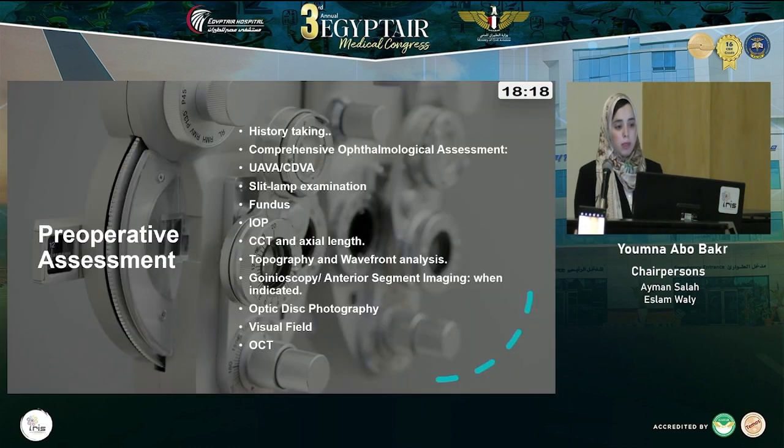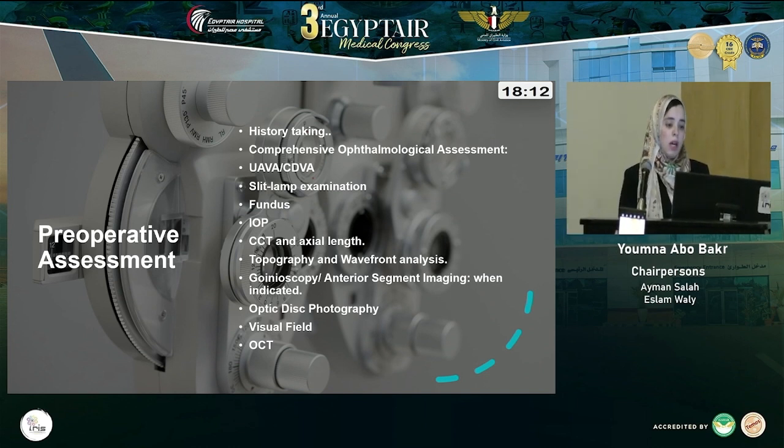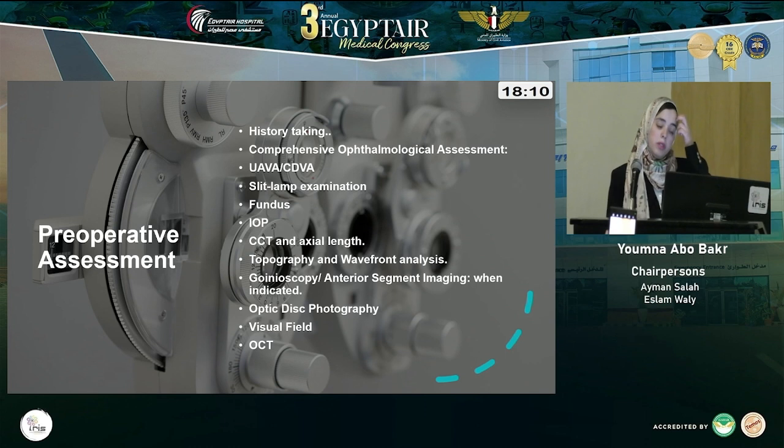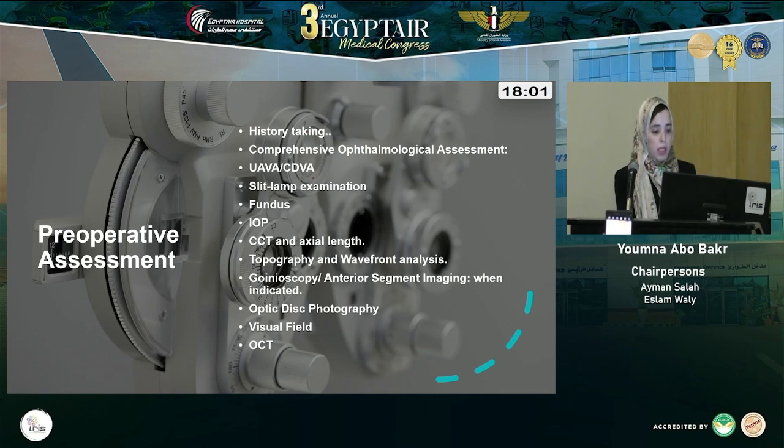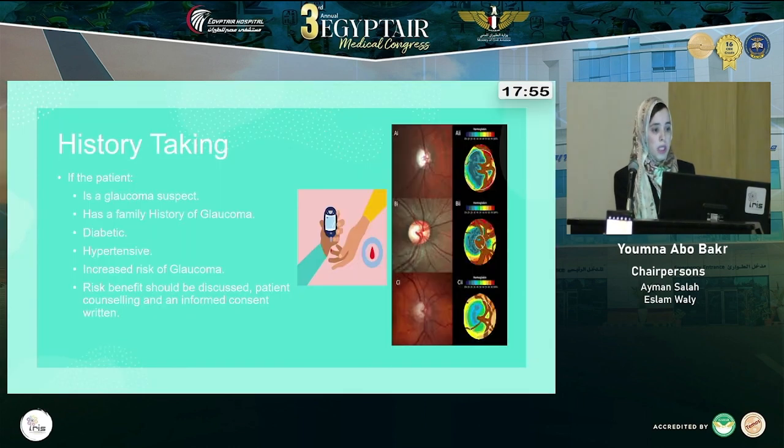Preoperative assessment consists of history taking, comprehensive ophthalmological assessment, unaided and corrected distance visual acuity, slit lamp examination, fundus examination, IOP, central corneal thickness and axial length, topography and wavefront analysis, gonioscopy and anterior segment imaging, optic disc photography, visual field, and OCT.